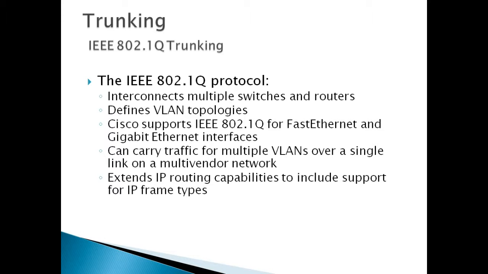Cisco supports IEEE 802.1q for Fast Ethernet and Gigabit Ethernet interfaces. It can carry traffic for multiple VLANs over a single link on a multi-vendor network. It extends IP routing capabilities to include support for IP frame types.